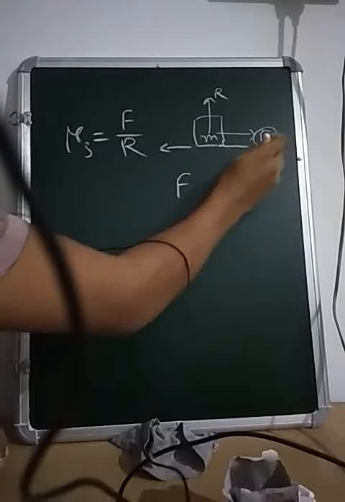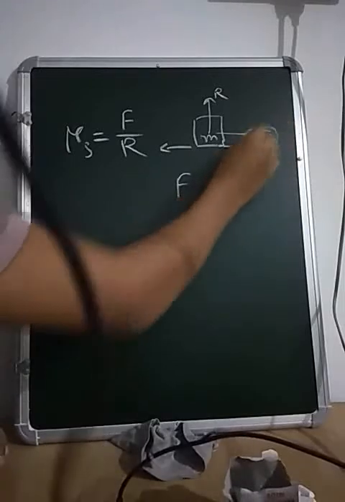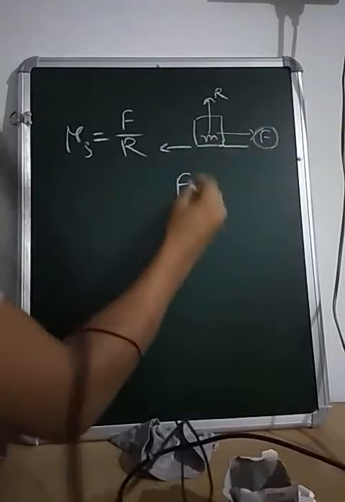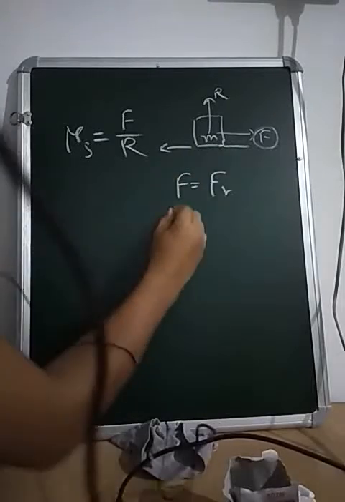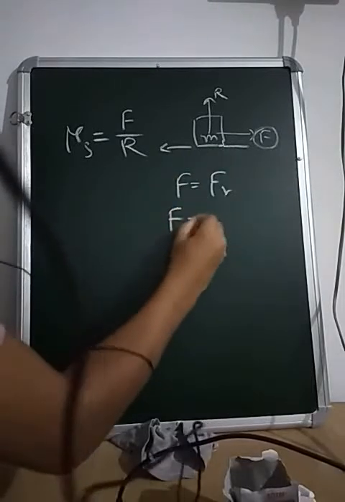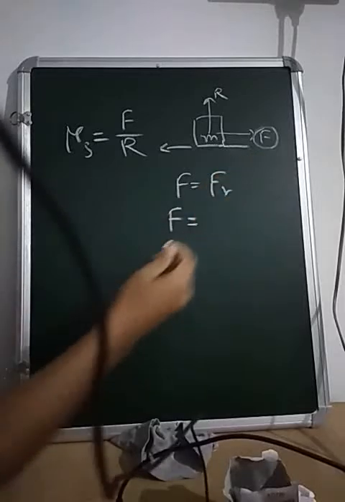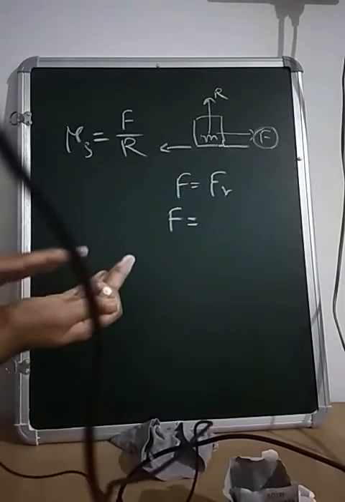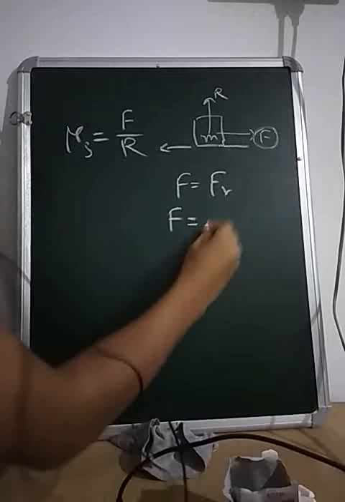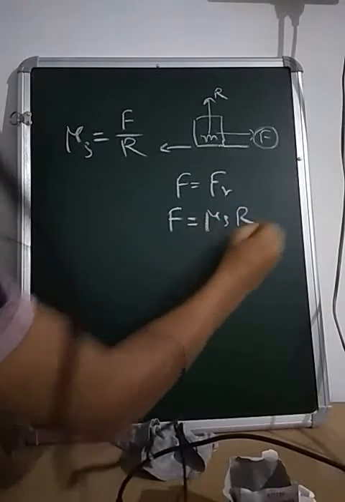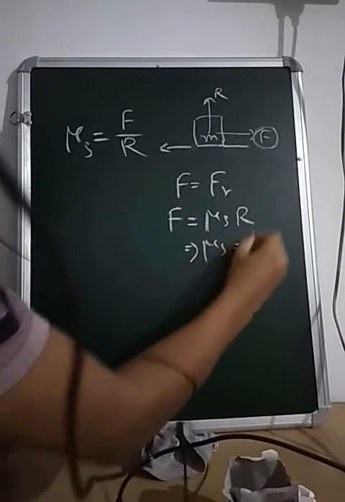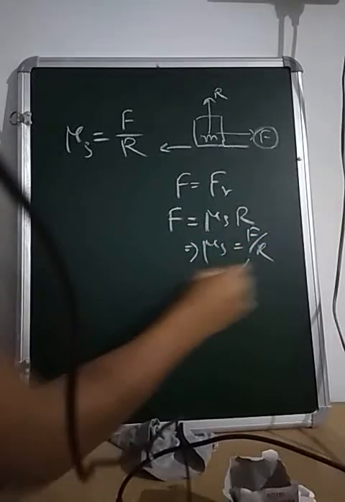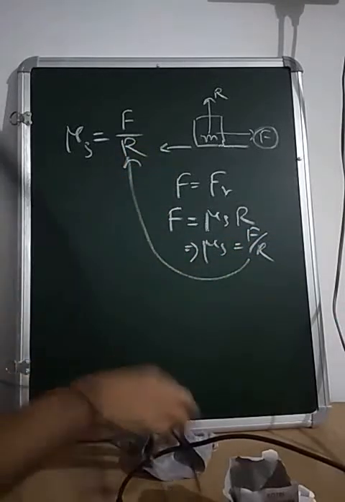So this must be equal to the limiting static frictional force. F is equal to the limiting static frictional force. So we write F is equal to the applied force, which is required to just start the box sliding over the surface, mu s into R, or from here we can write mu s equals F by R. Okay, from this we get this.